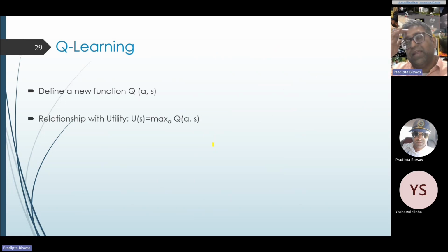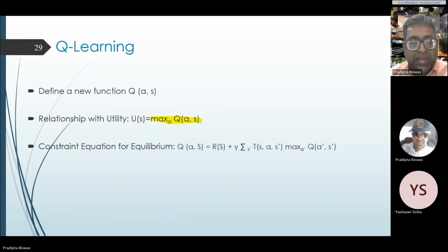So we define this new function Q, which is conditional on both state and action. And the relation to the utility is exactly the same. Like in our value iteration algorithm, the utility can be calculated as whatever action is maximizing the Q value at a particular state.